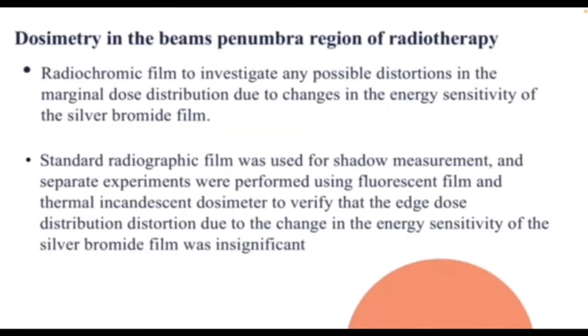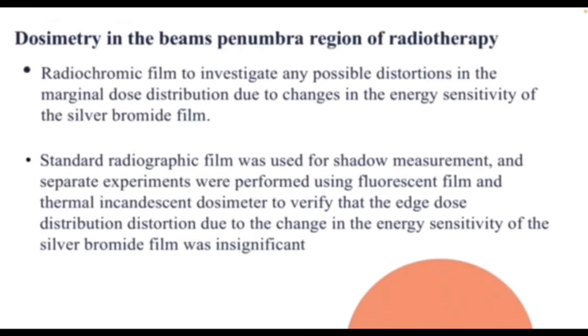Now for dosimetry in the beam penumbra region of radiotherapy. Radiochromic film is used to investigate any possible distortion in the marginal dose distribution due to the change in the energy sensitivity of the silver bromide film.